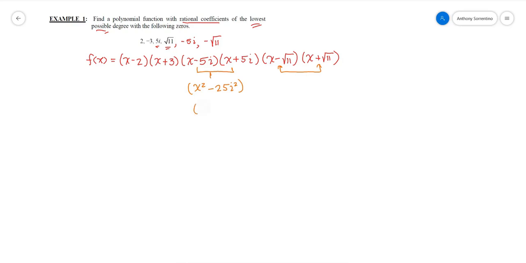So I could say that that's going to be x squared plus 25 because i squared is -1. And likewise with this, the O and the I part of the foiling process will cancel out. X times x is x squared. Negative square root 11 times positive square root 11 is going to give me a minus 11.